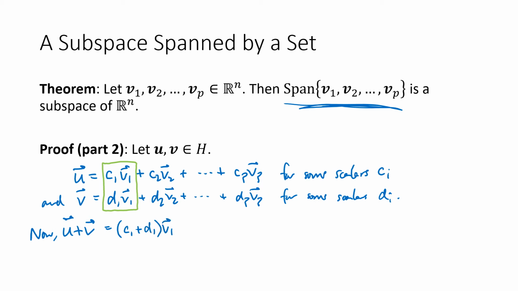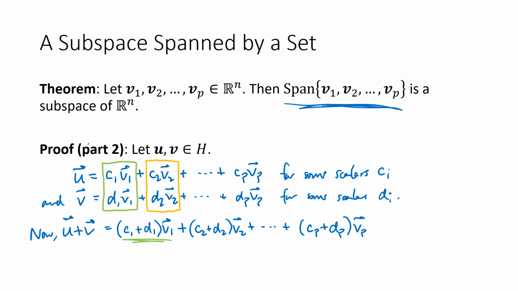I'm using the distributive property there, but I can do that. This is from what I wrote in the green box there. And then for these 2 vectors added together, I can do the same thing: c2 plus d2 all multiplied by v2. And I can keep doing that all the way up through cp plus dp all multiplied by vp.